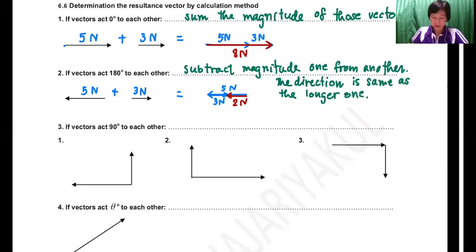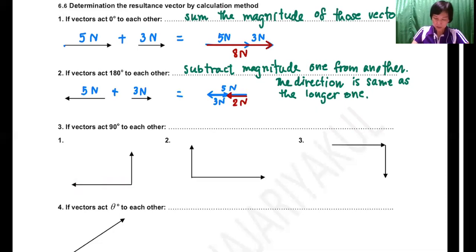Okay. Next, the third case is when the vectors act at an angle of 90 degrees to each other. It means that they are perpendicular to each other. For example, let's see in case one. Suppose that we have two vectors. One is in this direction, and the second one points to the left.